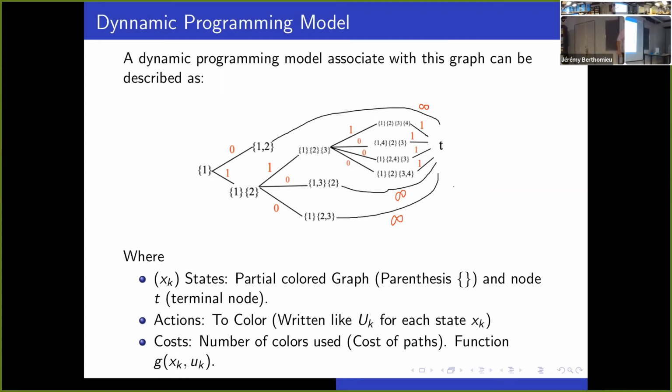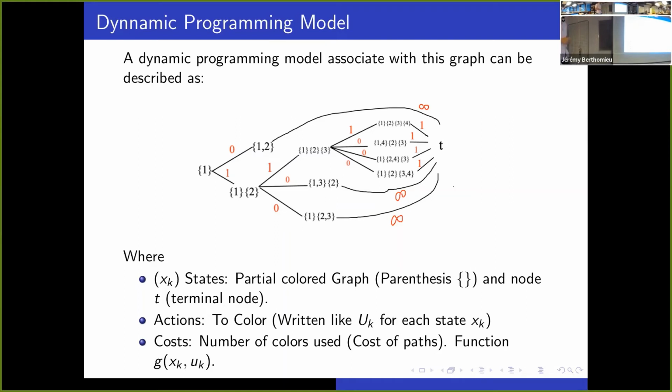You can color with another color, and that costs 1, or with the same color, and that costs 0. But as you can see, to color this is impossible for the graph coloring problem. So you go to a terminal node, and that costs infinity because it is impossible to color this.